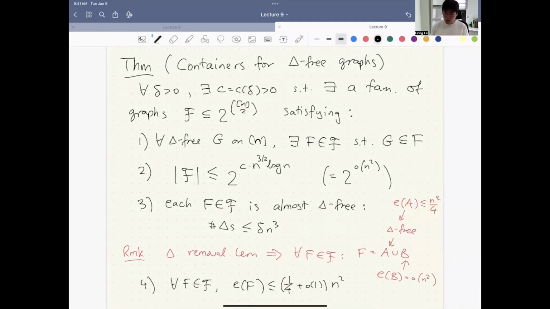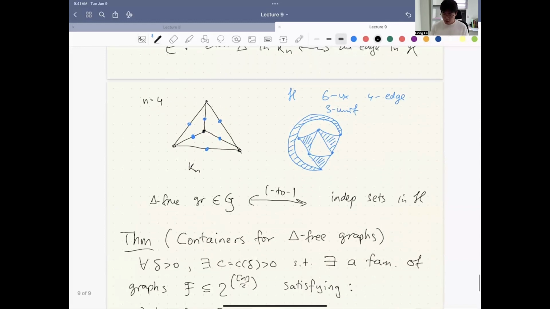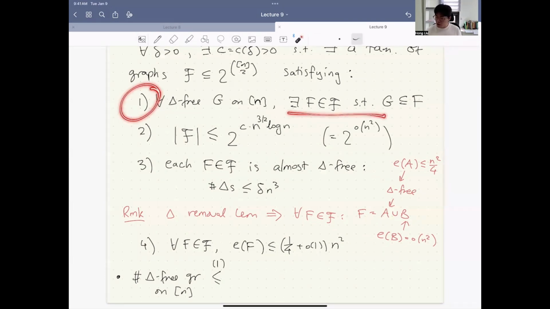Essentially, by this container theorem, the number of triangle-free graphs on n vertices is at most, well, we know each triangle-free graph, by the first property, is contained in one of the containers.